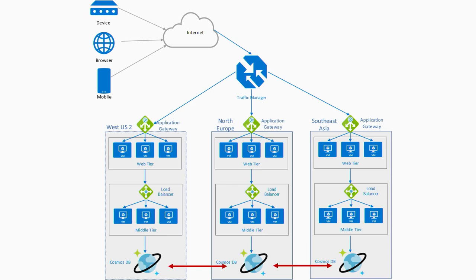If I'm deployed into multiple regions, I'm going to use DNS load balancing, like Traffic Manager, to redirect requests to the closest region to them, because I want to keep latency low. I'm then going to have my application deployed into multiple regions, with a reverse proxy or a WAF in front of the front end to handle load balancing and SSL termination.